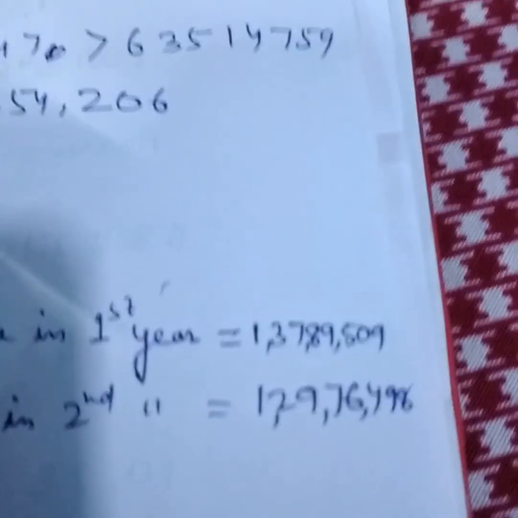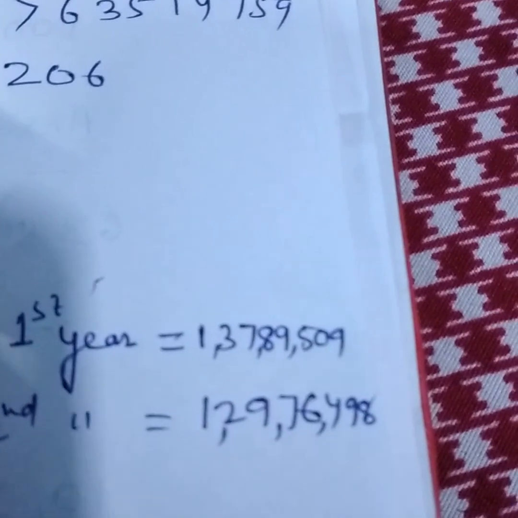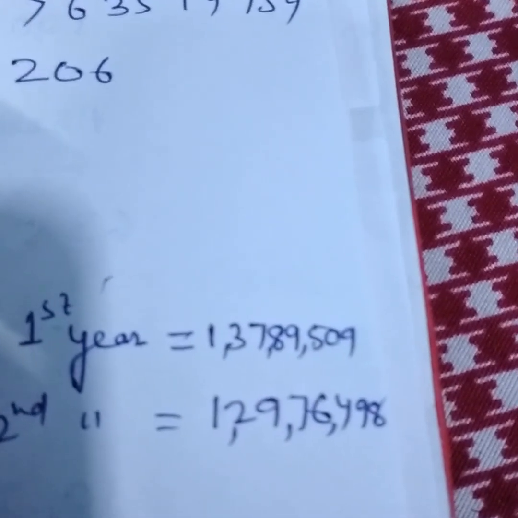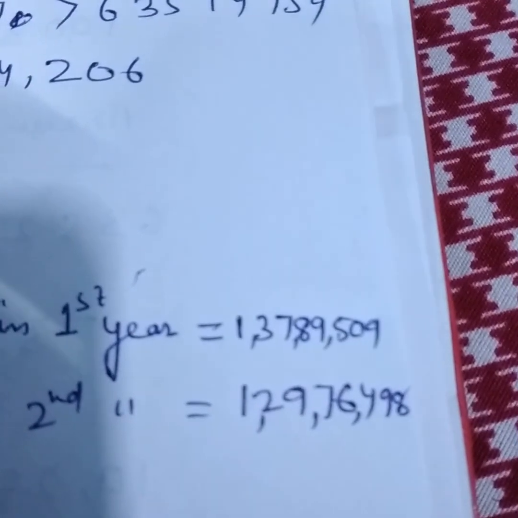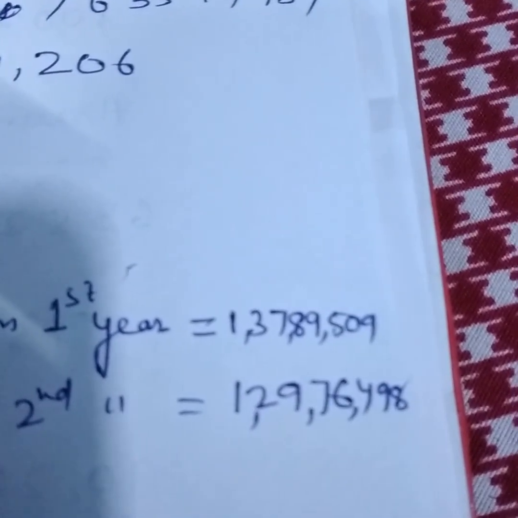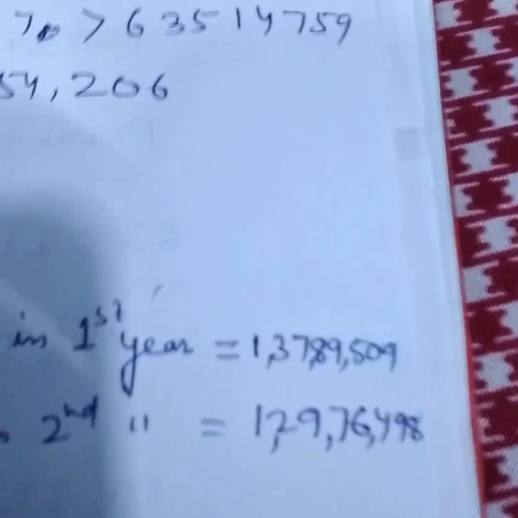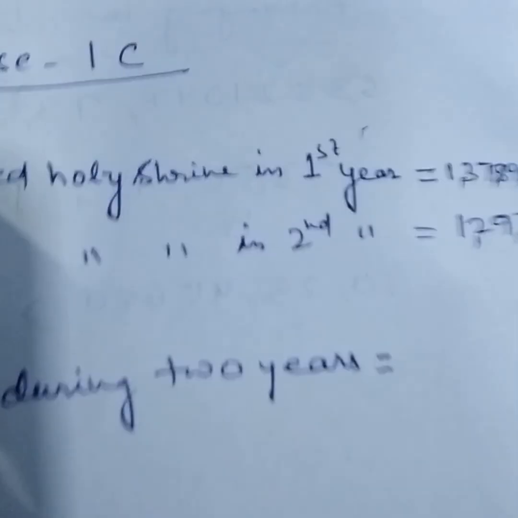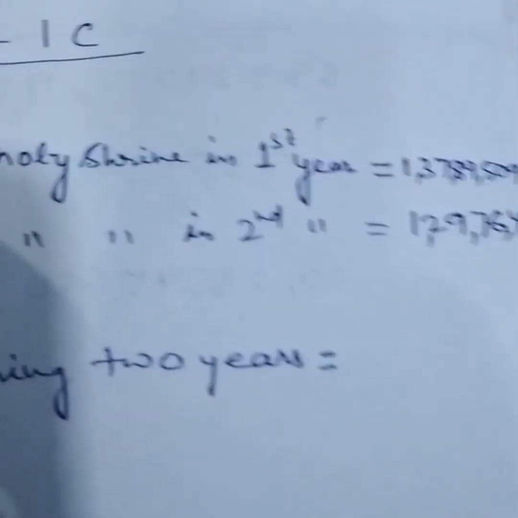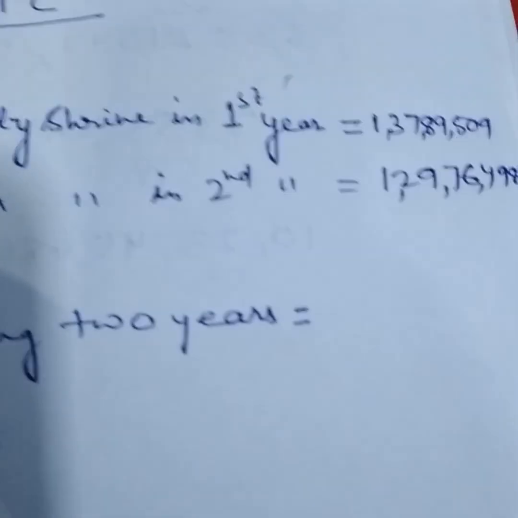First year the number of persons is 1,37,89,509 and second year 1,29,76,498. Number of persons who visited during 2 years: what do we have to do? We have to add both these numbers, children.